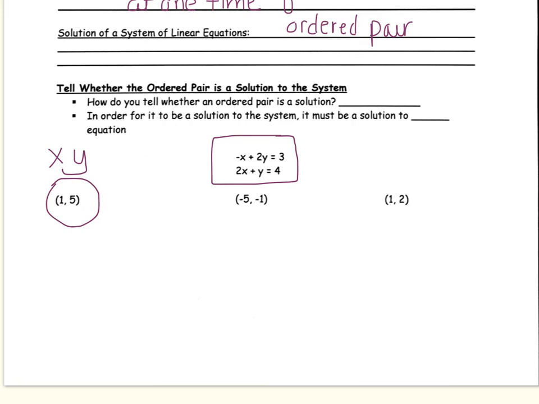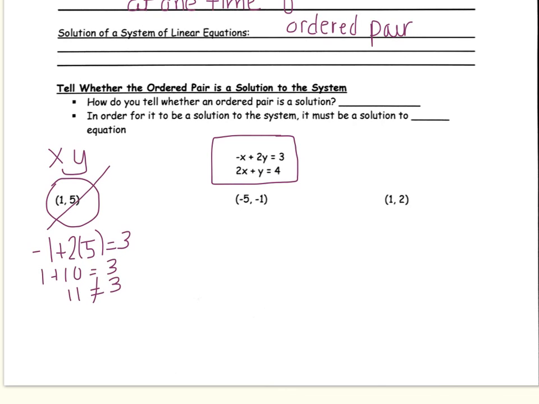So I will start with 1 for x. So it'll be the opposite of 1 plus 2 times 5. Does that equal 3? Well, 1 plus 10, does that equal 3? Does 11 equal 3? No. So I think right away we can tell that that is not a solution.